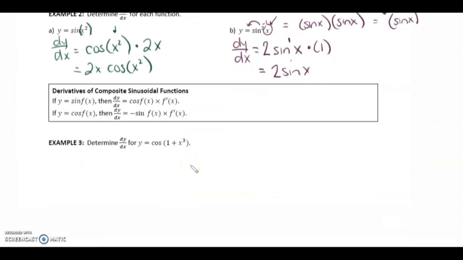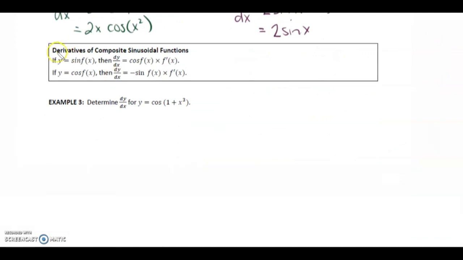Okay, so derivatives of composite sinusoidal functions. If y equals sine f of x, which is what we just saw, I just did a hands-on example up here, and here's the theory behind it. dy/dx equals cos, so the derivative of sine is cos of that function, times, and this is our chain rule, the derivative of that function.